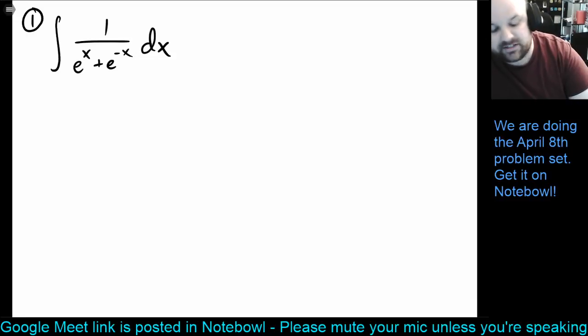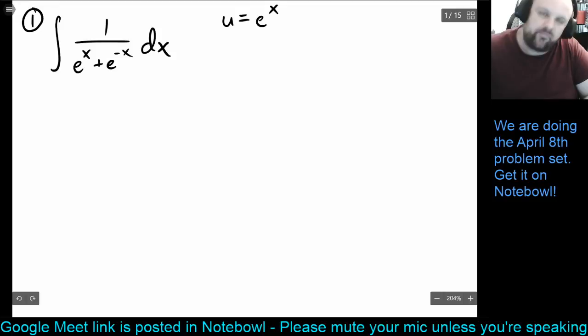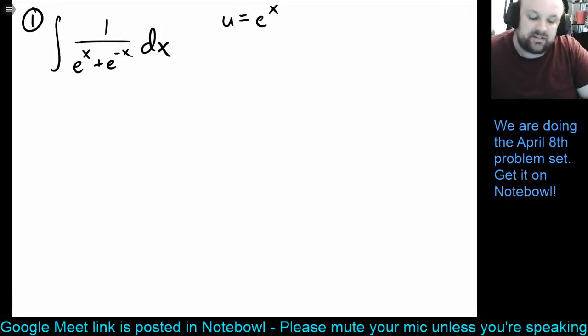So what I'm going to do is say u equals e to the x. I'm going to do this because that'll allow me to change this e to the x here, but it's also going to allow me to change this e to the minus x, which turns into u to the negative 1 power.